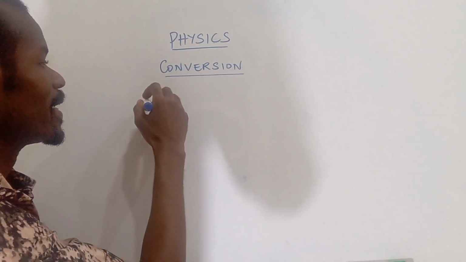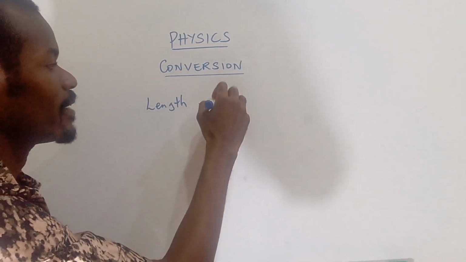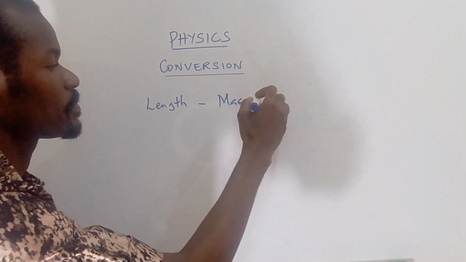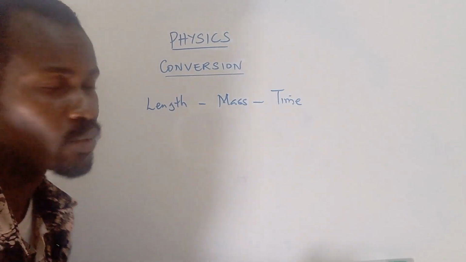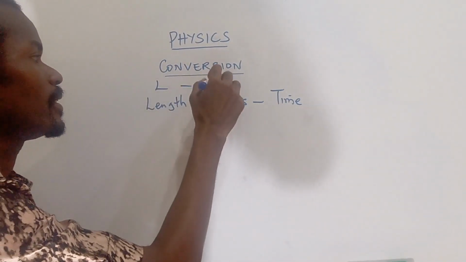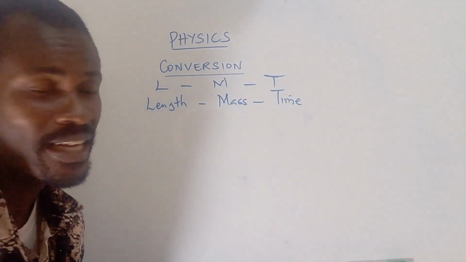All right, so for us to do that, the first thing we want to know is the basic fundamental units: length, mass, and time, which we refer to as L M T in terms of dimension.